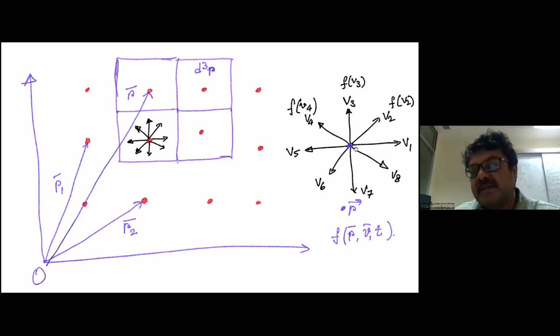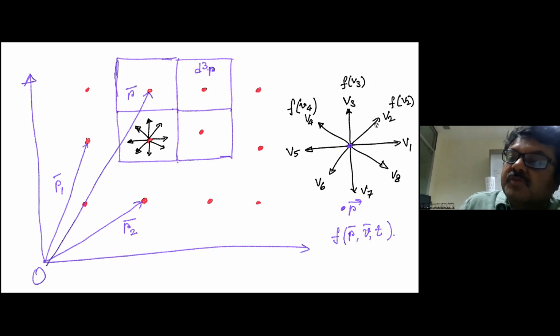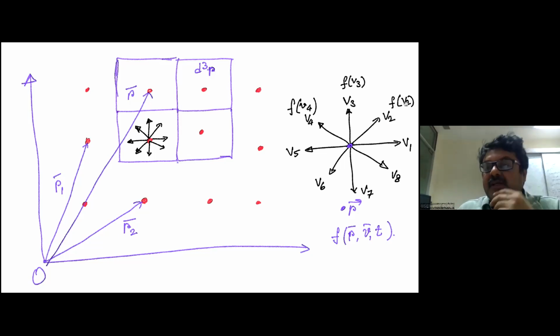Suppose particles moving with velocity v1, the number being f1, are colliding with some particles with velocity v8 with a certain scattering cross section such that the number of particles moving with velocity v2 is increasing.